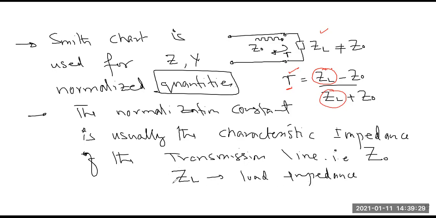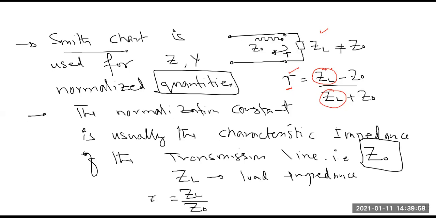If I want to show ZL on Smith chart, the first thing I need to do is to normalize it. And how will I normalize it? I will divide it by Z naught. So you will take ZL and you will divide it by Z naught, and this ratio will give you the normalized version.